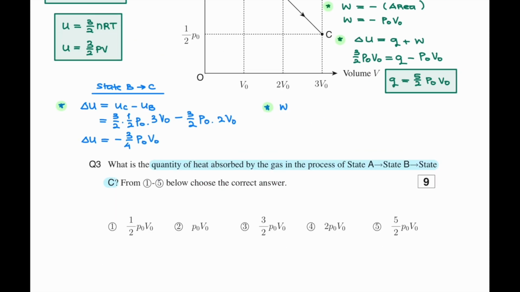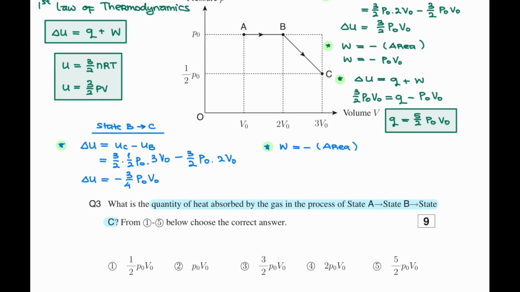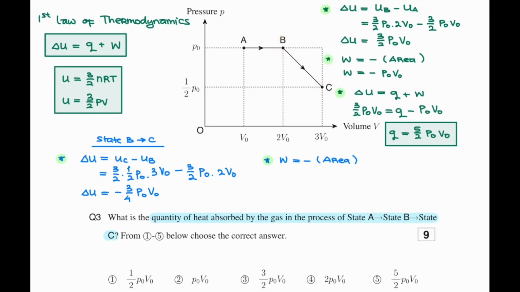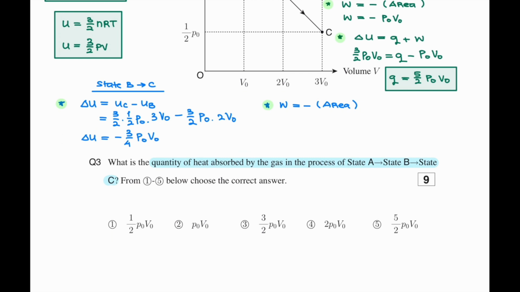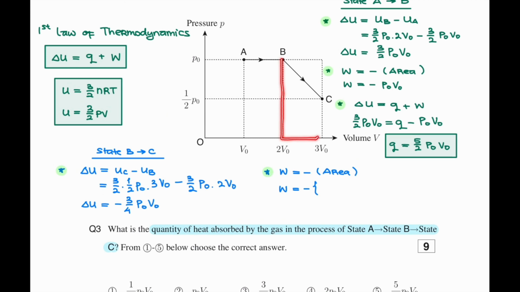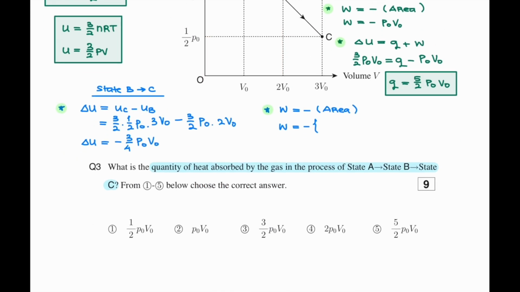So W is negative the area below the graph from B to C. The area of this trapezium is the sum of the parallel sides, PO plus half PO, over 2, times the height, which is VO.